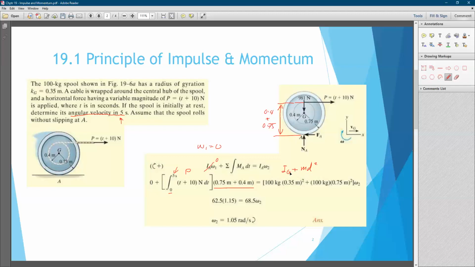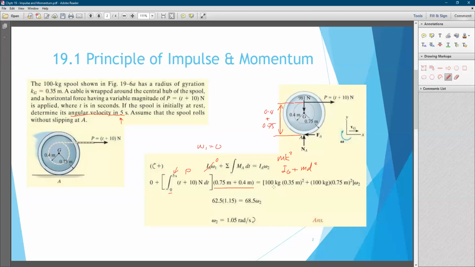We use the parallel axis theorem in this case. I_G is M K squared.